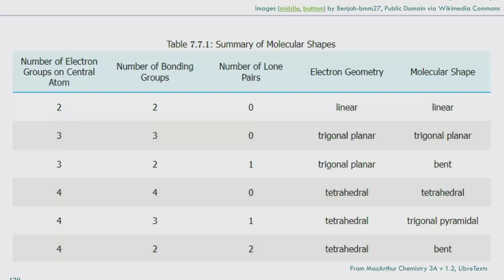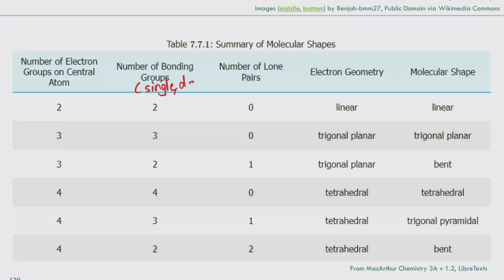So the way that you read this is the number of electron groups on the central atom. So this is lone pairs plus any number of bonds. So a single bond, a double bond, a triple bond all count as one electron group. These are the numbers over here. And then we separate them by number of bonding groups. Bonding groups being single, double, or triple bonds.